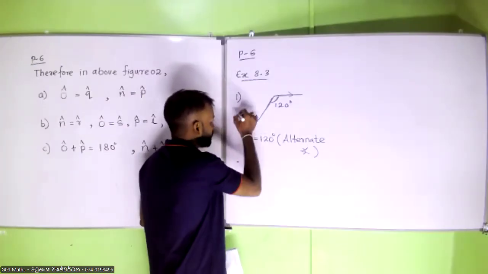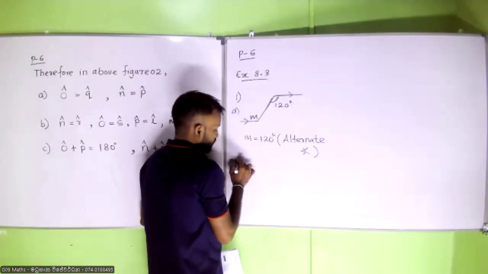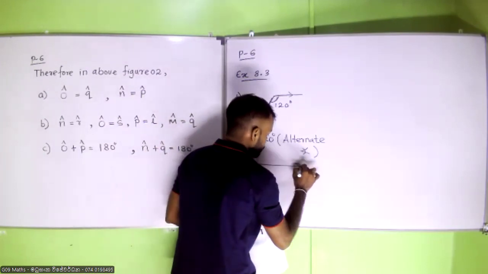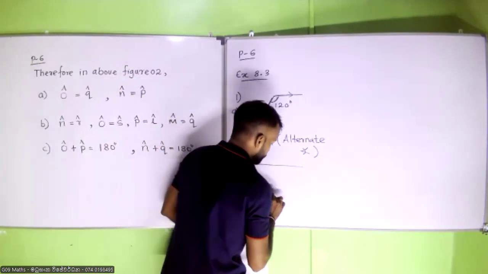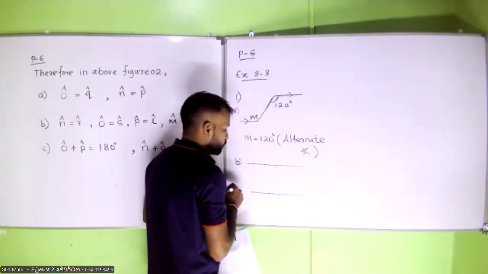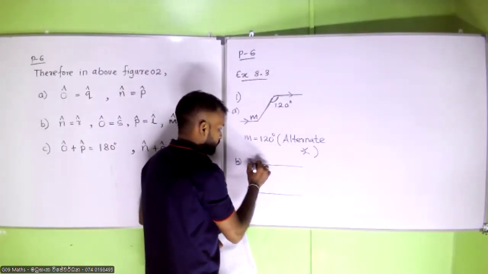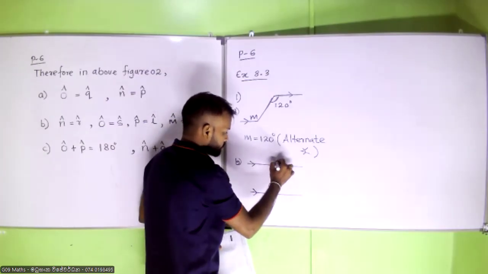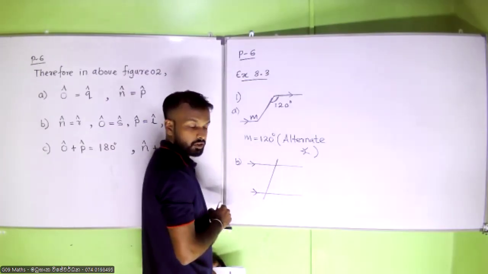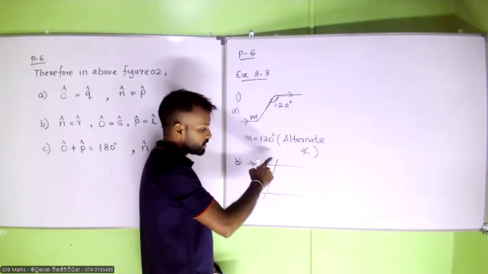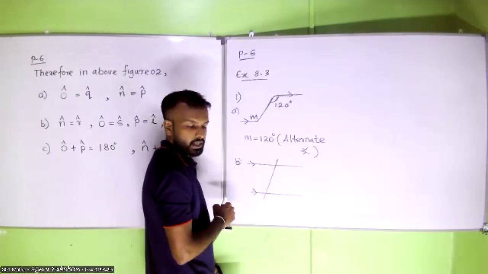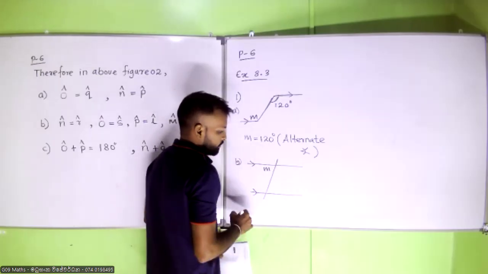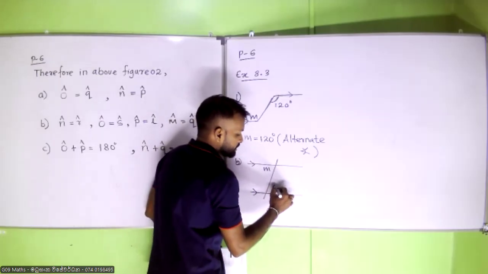I haven't named it, but I will put it like this. So you need to identify the shape. Two parallel lines are there, and you have a transversal which crosses through these two parallel lines. Here you have letter M, and they have given 60 degrees.